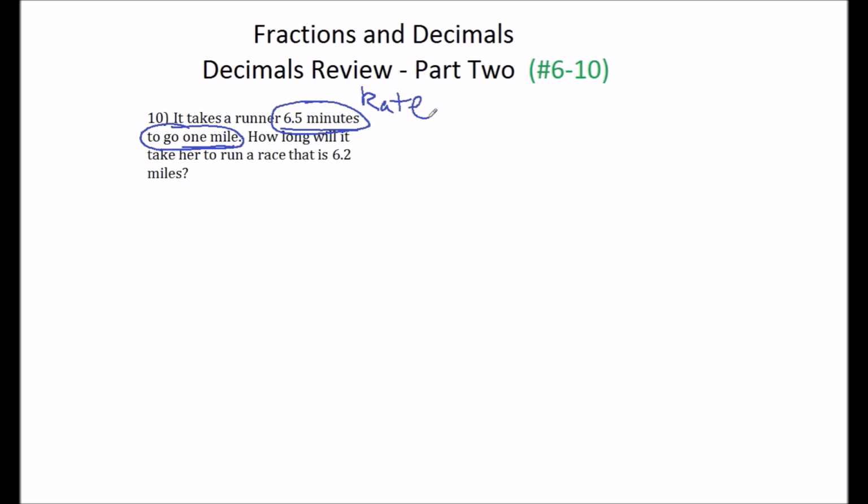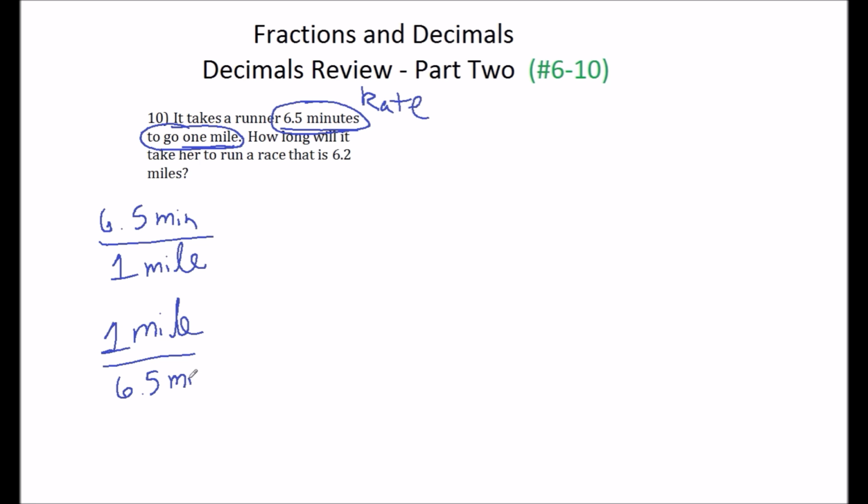So remember, with that rate, I can either do 6.5 minutes on top, I'll just put min for minutes, and 1 mile on the bottom, or I might flip it over and I might have 1 mile on the top and 6.5 minutes on the bottom. So I got to look at the question to tell me. The question asks about 6.2 miles.